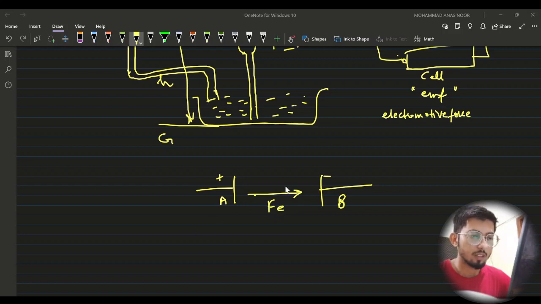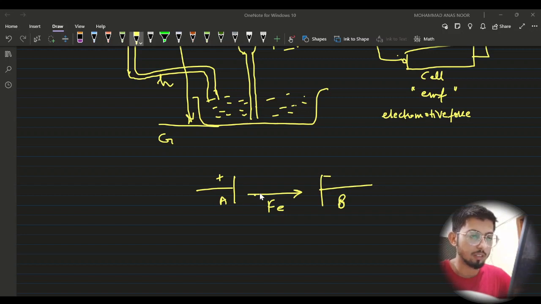Now, as the charge builds up on the two terminals, A has some positive and B has some negative, an electric field is set up, because whenever you have isolated charges, it's natural that there will be some sort of field in there.